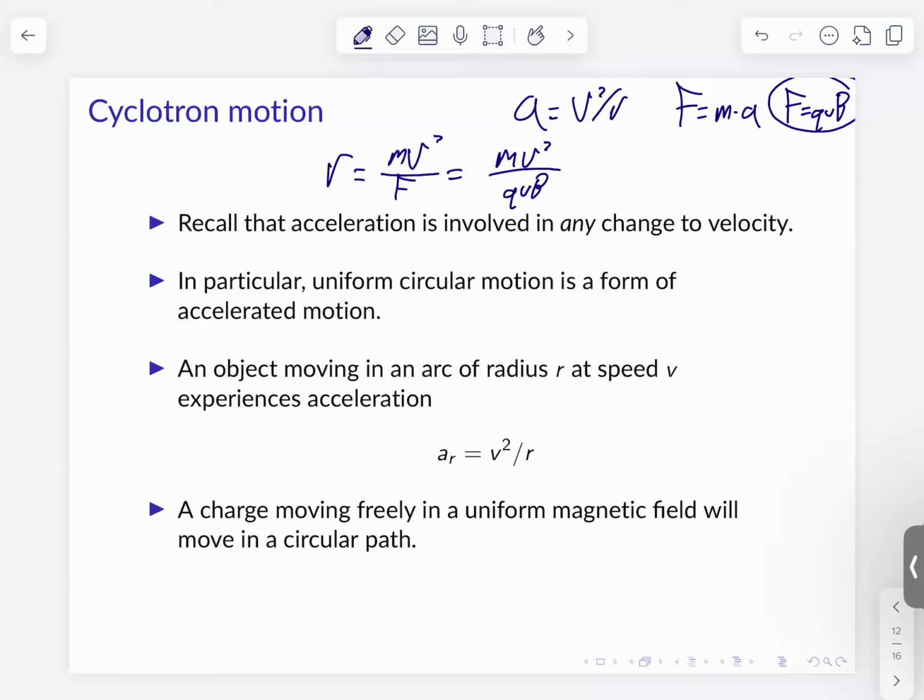Now, if I've got v squared divided by v, v goes away and you're just left with... is that right? V disappears? No, how am I lying to you? What does it mean to have v squared? It means I've got v times v. V times v divided by v is just one v left. So mv over qb.